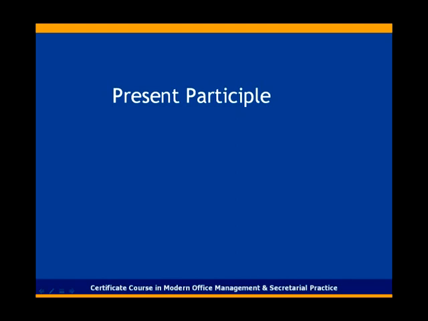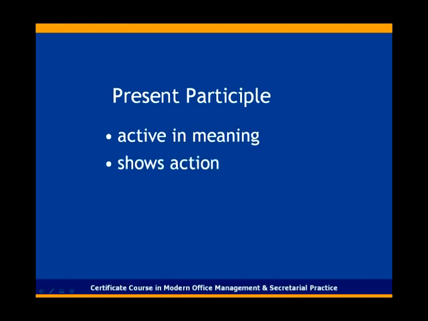That is, it shows action going on. The present participle ends in ing and expresses an action in progress. It also does the work of an adjective. In other words, it tells us more about the noun.